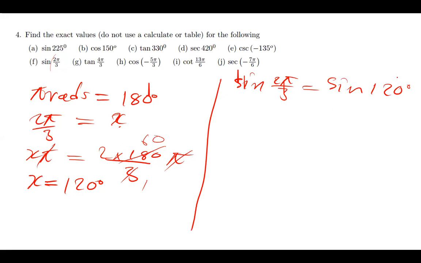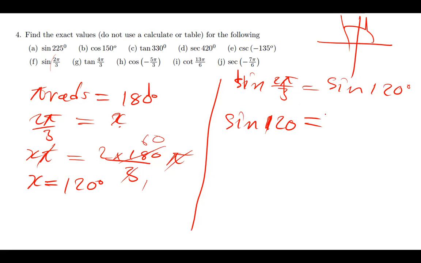So sine 120 degrees, we know that 120 is in the second quadrant, and sine in the second quadrant is positive. So if you want, we can use 180.